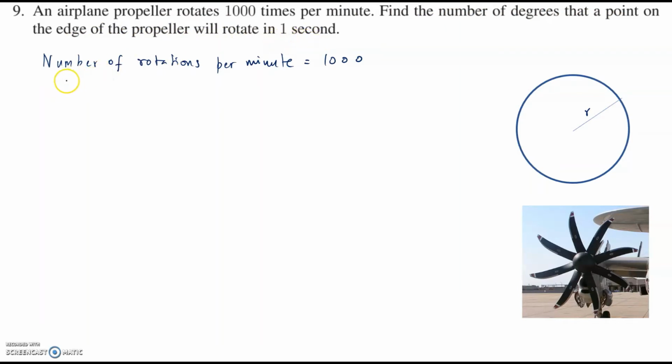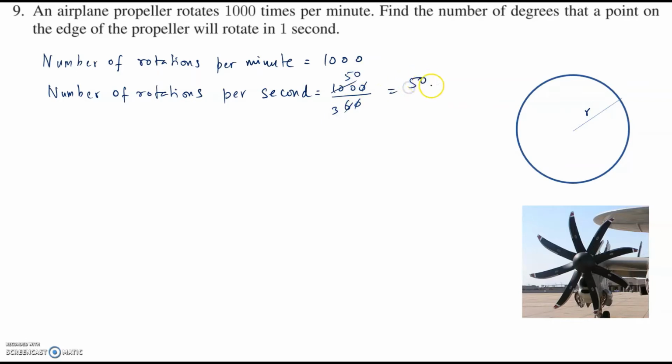So the number of rotations per second would be, if it is rotating 1000 times in a minute, then you have 60 seconds in a minute. So per second would be 1000 divided by 60. So simplifying this, it will be a 50 and a 3.